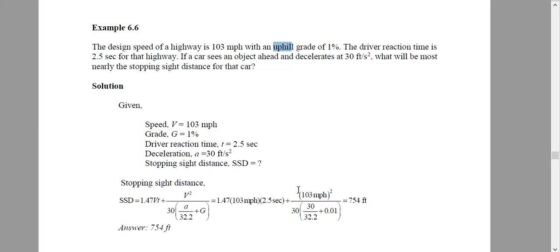Again to remind, V is in miles per hour, G is in fraction, uphill means positive, downhill means negative. What is SSD? SSD means stopping sight distance. Sometimes we call it simply S. So hopefully you understood the stopping sight distance theory and an example. Thank you.